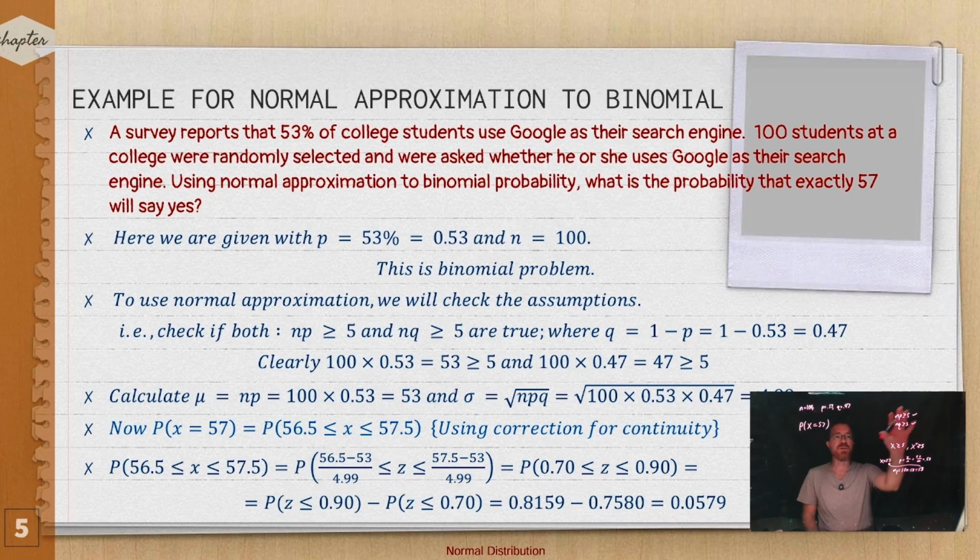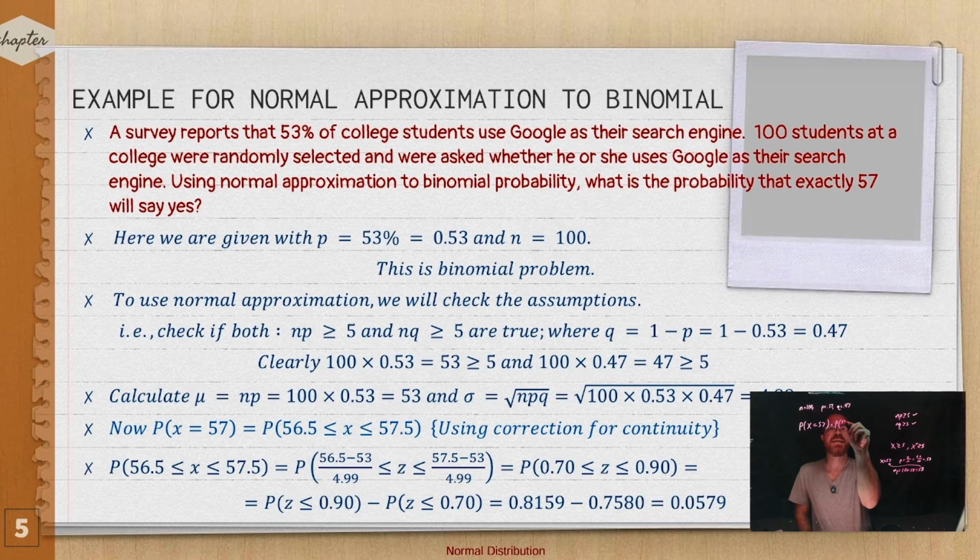So looking at our steps, we checked our assumptions, and the first step we always talked about when doing your probability is get it in terms of or equal to. Well, guess what? It is equal to. So we've got the equals to already covered. So now we're going to have to do our correction for continuity. Now, if you remember, our correction for continuity is that we take this value, 57, and we subtract 0.5.